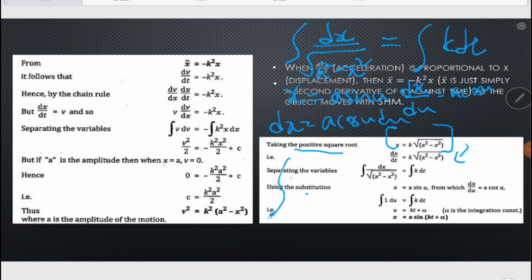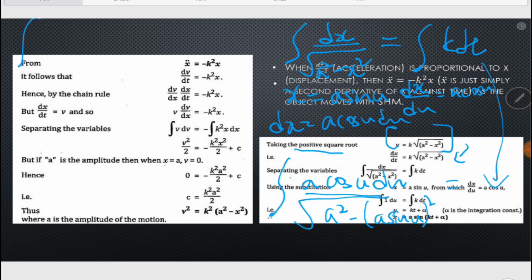You get dx is simply a cos u du, and you will get square root of a squared minus a squared sine squared u. That can be rewritten with a cos u still remaining, and then the a squared can be factorized outside, and you will get 1 minus sine squared u inside.